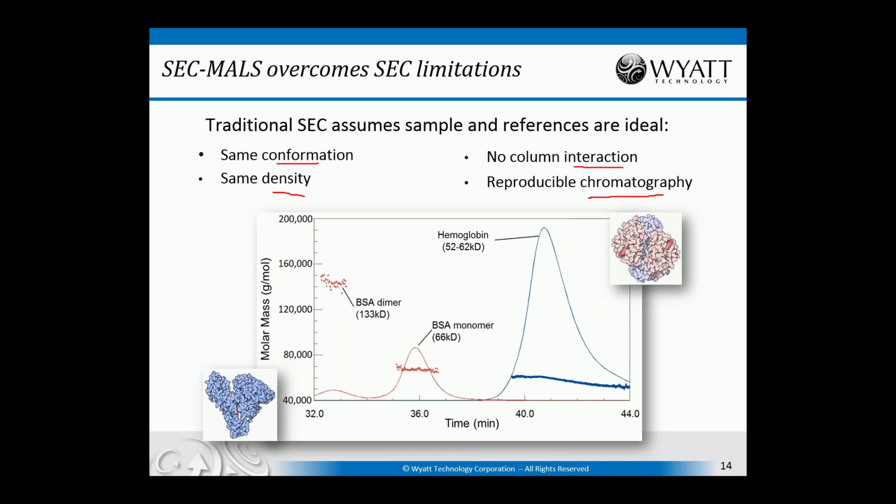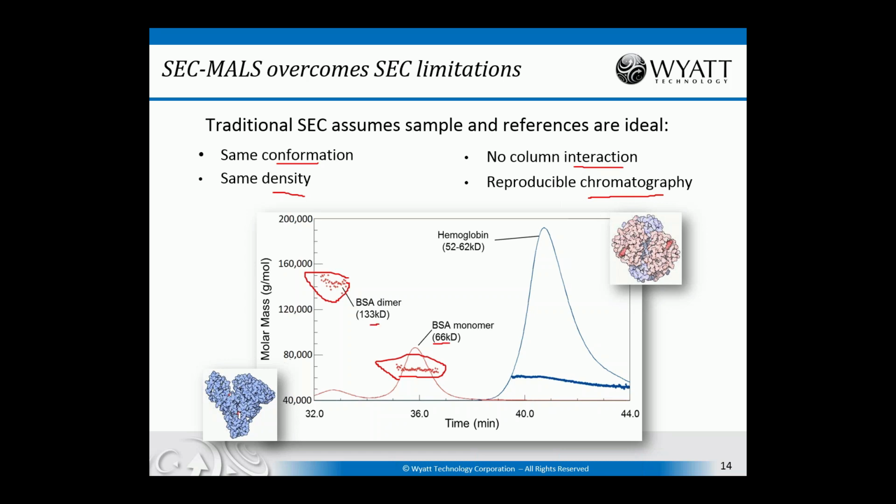Here's a nice example from the protein world showing where standard chromatography fails. BSA, of course, is one of the typical reference molecules used to calibrate protein columns. And so BSA monomer and BSA dimer elute at different times, and those times, of course, work pretty well in terms of column calibration. The light scattering identifies these two peaks as, in fact, being monomer-dimer through the given molecular weights.